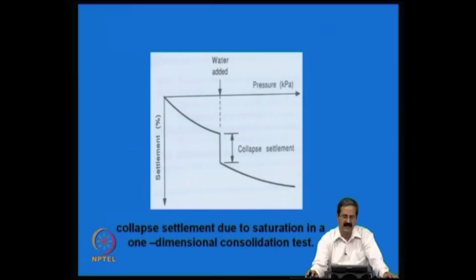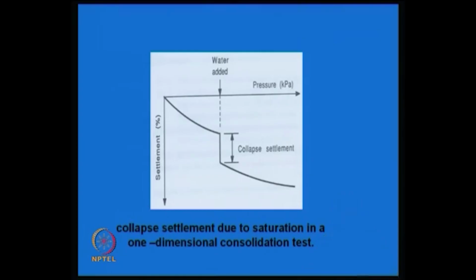But after that there were severe rains, so much that there were 4 days of inundation in the whole area, and the settlements they measured after that were of the order of about 170 mm or 200 mm, which means they were now wondering, because for a raft foundation the total settlement is 100 mm.